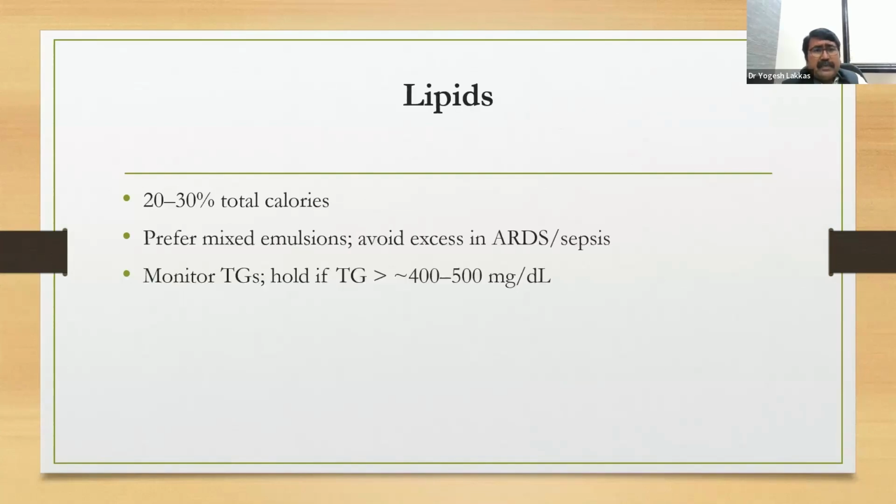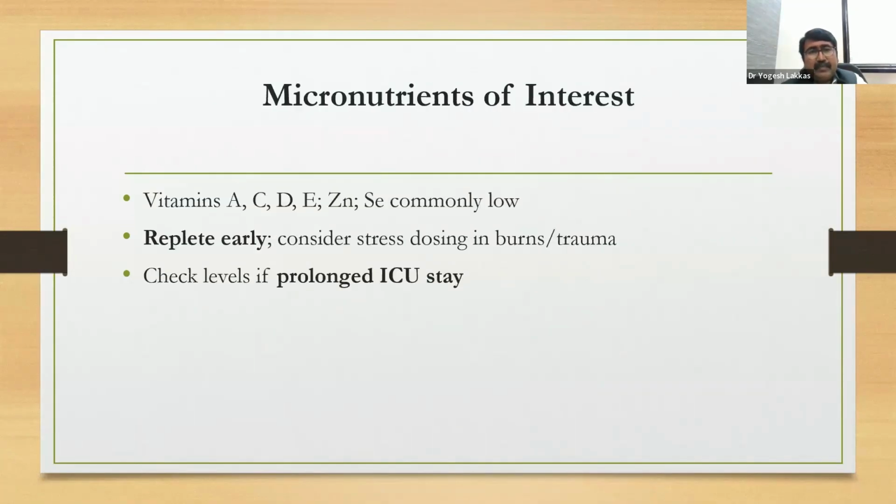Lipids: 20 to 30% of total calories will be derived from lipids. Prefer mixed emulsions. Avoid excess lipids in ARDS or sepsis patients. Monitor triglyceride levels regularly, and hold lipids if levels are more than 400 to 500 milligram percent.